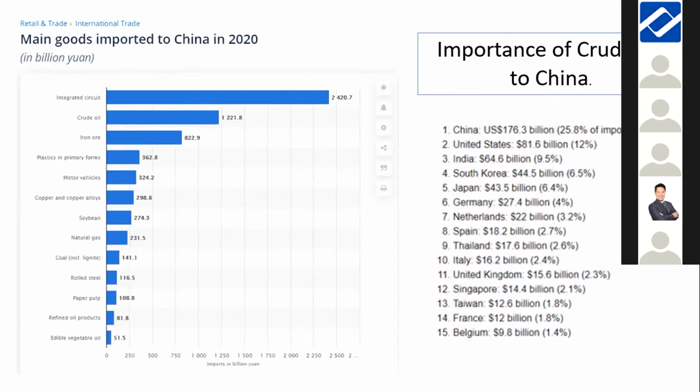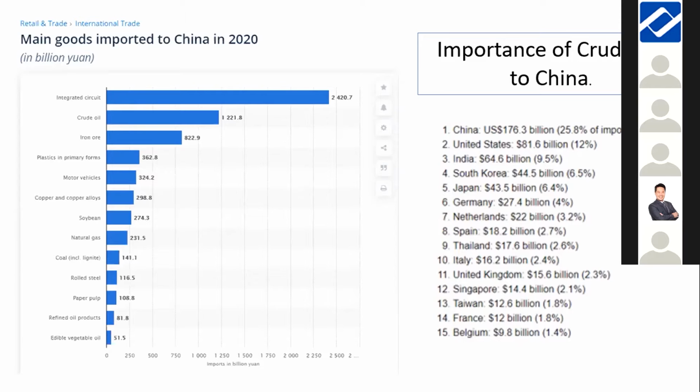The purpose of this international contract is twofold. And let me go to the next one. Also very important to point out: if you look at this list of main goods imported by China, you'll also see iron ore, which is another international contract, and copper, which is one.